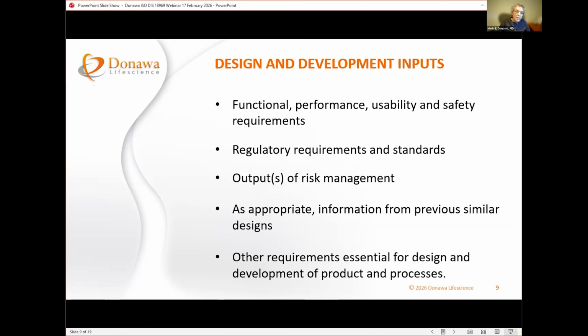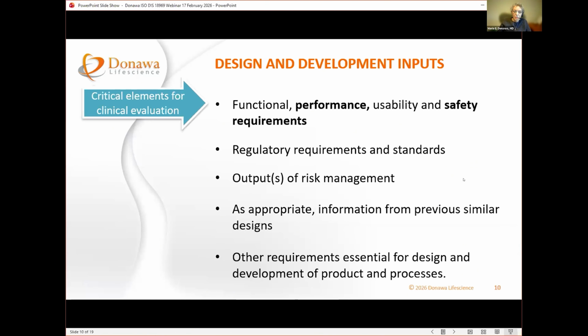Risk management feeds into your design, and you need to pay attention to those elements that you have identified as risks, and make sure that your device design is designed with those in mind, or trying to reduce as much as possible. You might have information from previous designs, and of course there are other requirements.